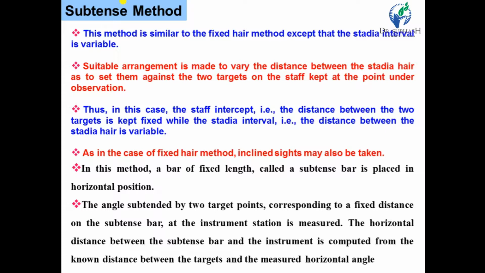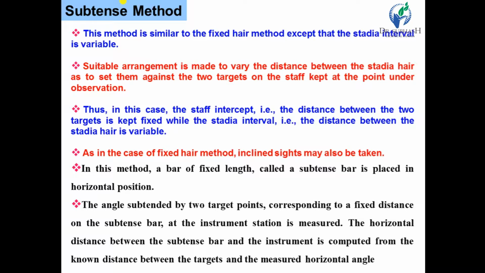In this case, the staff interval, the distance between two targets, is kept fixed, while the stadia interval, the distance between stadia hairs, is variable. As in the case of the fixed hair method, inclined sights may also be taken.